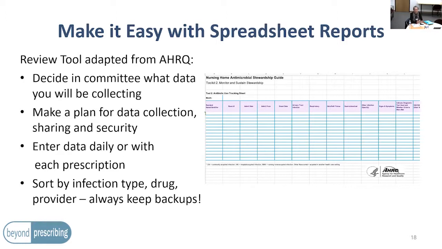So that's fine when you're working on it, but you always want to put back a copy in the shared file on your server and label it very clearly as to what day it was worked on and by whom. So that's an important part of data management, is knowing who last worked on sheets and how you're sharing them and how secure they are, and observing HIPAA and all that other good stuff.